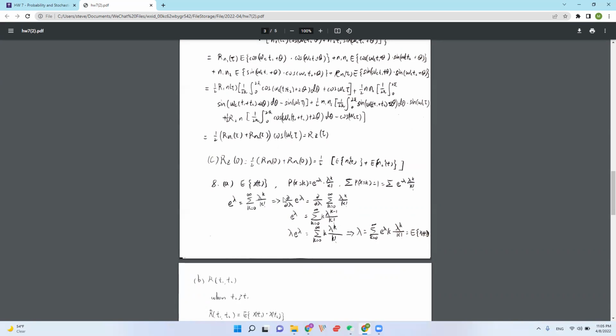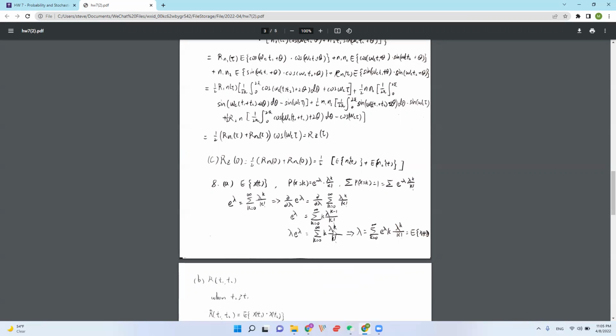And take the derivative of it. After taking the derivative, the left-hand side stays the same. On the right-hand side, we get this. So here we have lambda to the k minus 1, which the entire thing is times another lambda. Left-hand side and right-hand side both have e to the lambda.